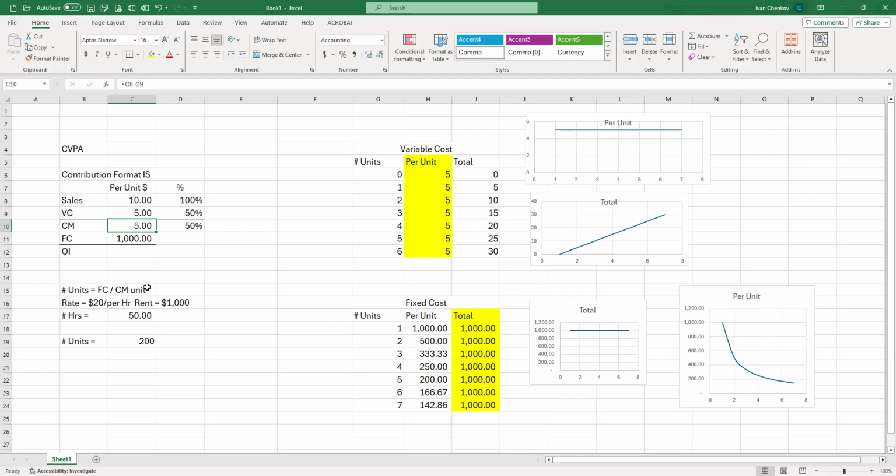Once we cover the fixed cost, we are cost free. Make sense?